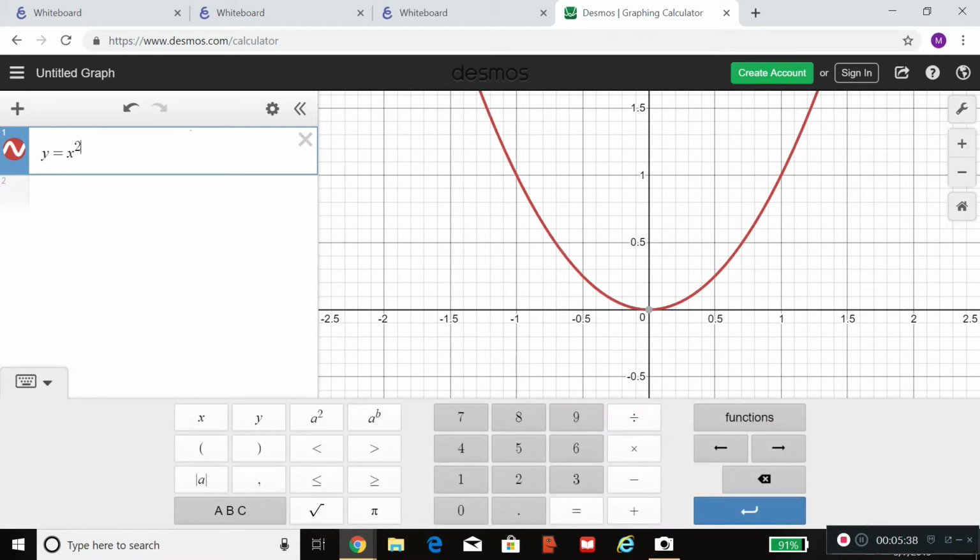What if we were to have a much more complicated parabola? Like x squared plus, I don't know, let's go with plus 5x. What is it doing?